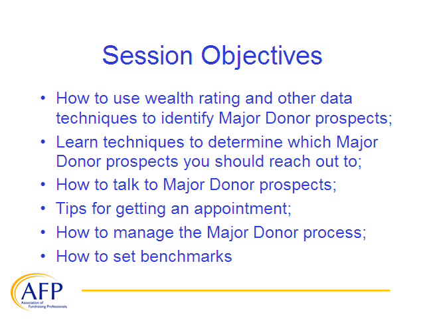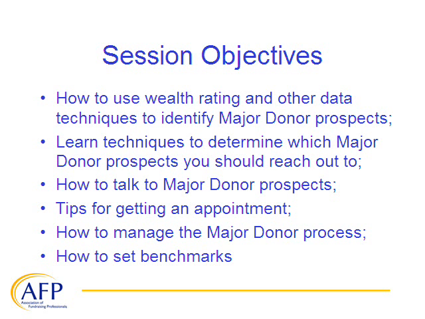He's going to cover some tips for getting an appointment, and then some strategies on how to manage the major donor process. Phil will also discuss some benchmarks for your major donor program and visits in your major donor program. So that's what we're going to be covering in the next hour and a half.